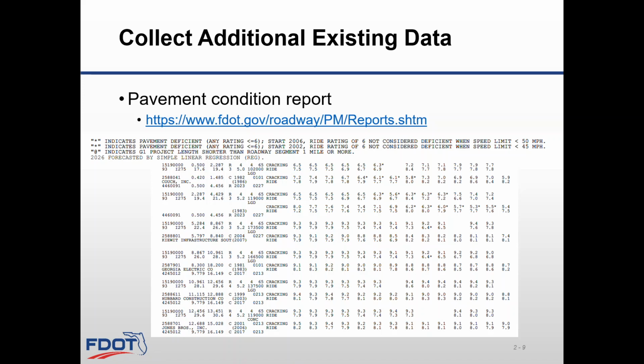For speed limits greater than 45 miles an hour, a ride rating of 6.4 or less is considered deficient. For speed limits less than or equal to 45 miles per hour, a ride rating of 5.4 or less is considered deficient. 26 years of historic ratings are shown with ratings on these reports.